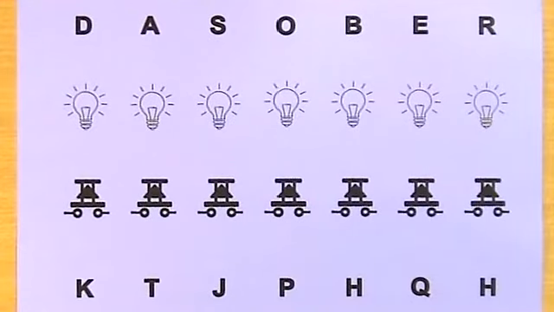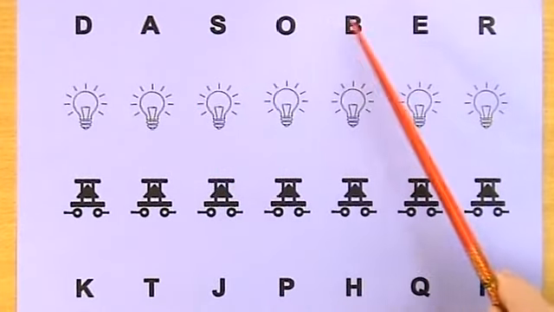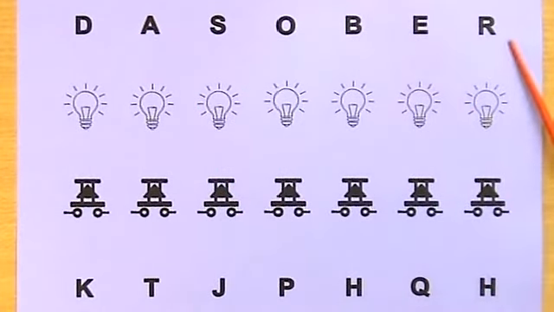One of the 676 records is the correct one, in which when you type in the letter sequence K, T, J, P, H, Q, H of the intercepted Enigma ciphertext, the letter lamps D, A, S, O, B, E, R light up one after the other.